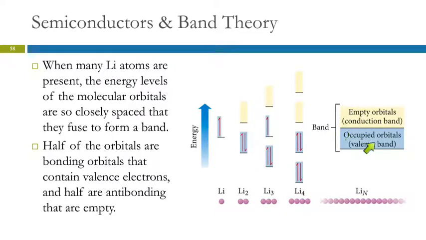Okay, I think of this valence band as being a highway in gridlock, right? There's a traffic jam and nothing's moving. You can't go anywhere. The empty orbitals, the conduction band, this is the shoulder of the highway. You're not supposed to drive on the shoulder, right?